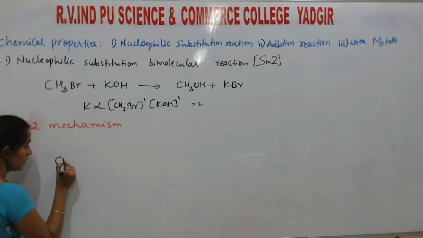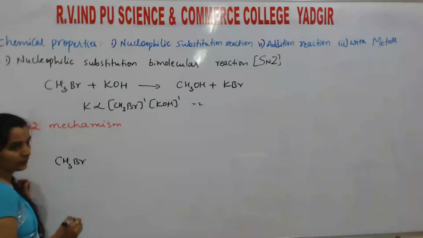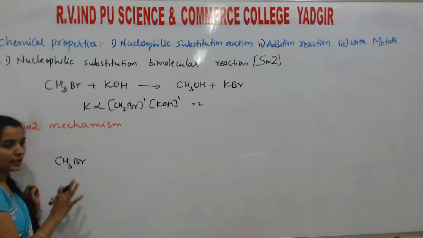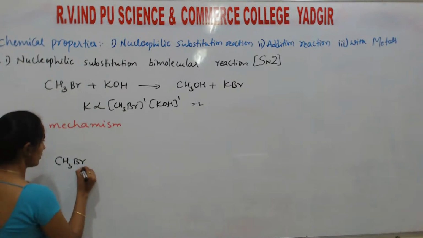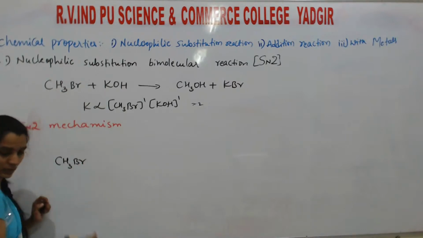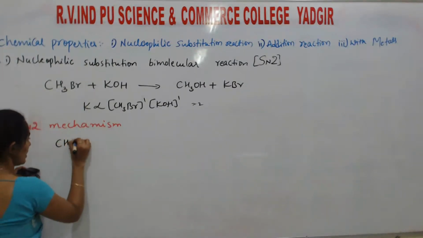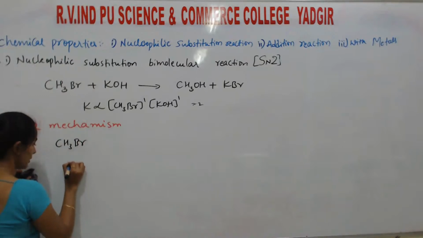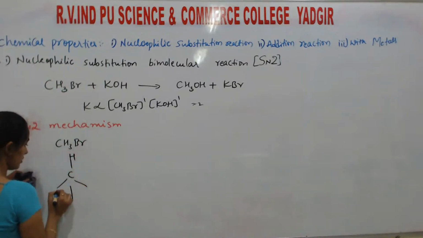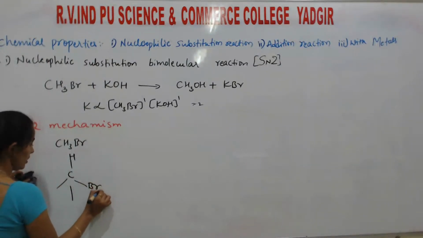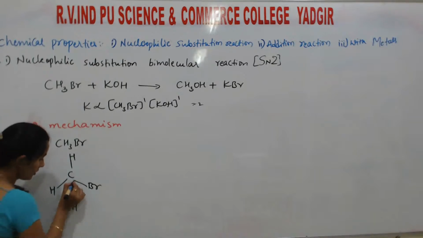CH3Br. This is tetrahedral, correct? CH3Br, here I write this one as carbon with H, Br, H, H. Correct? Okay.